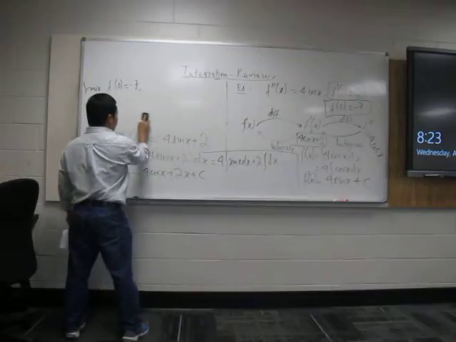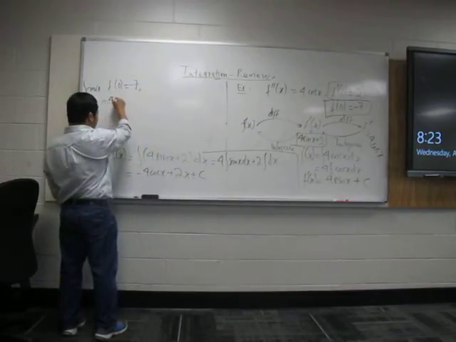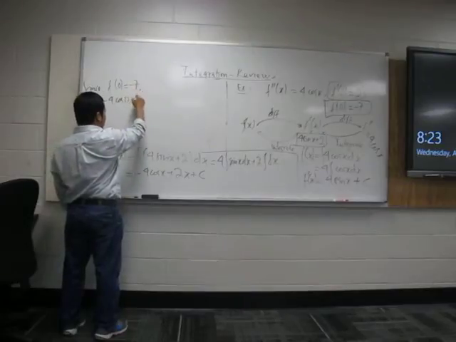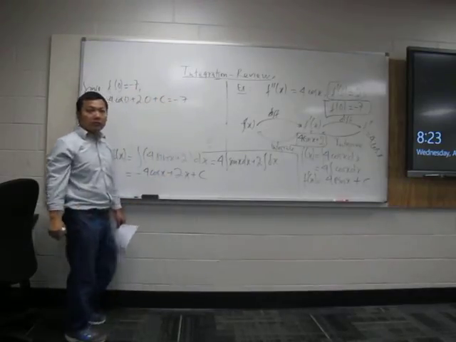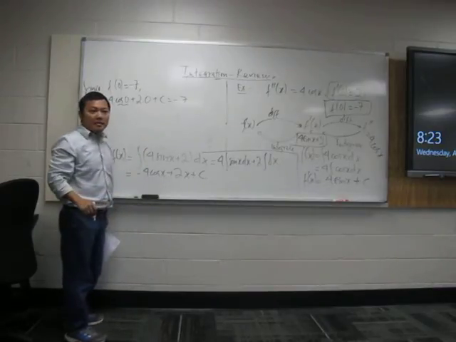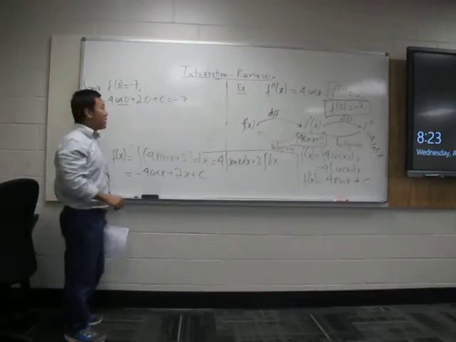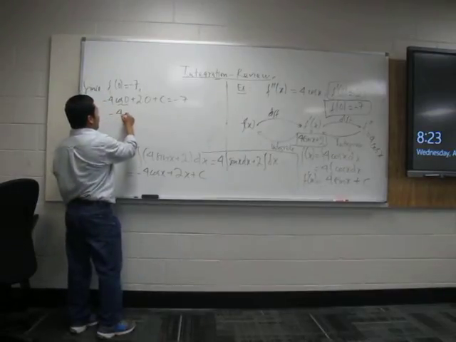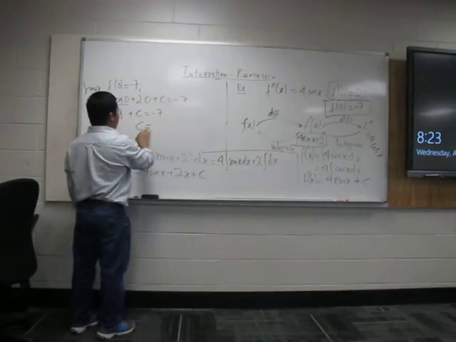So I have negative 4 cosine of 0 plus 2 times 0 plus c equal to negative 7. And what is cosine of 0? 1, right? Cosine of 0 is 1. So I have negative 4 plus c equal to negative 7. From here I get c equal to negative 3.